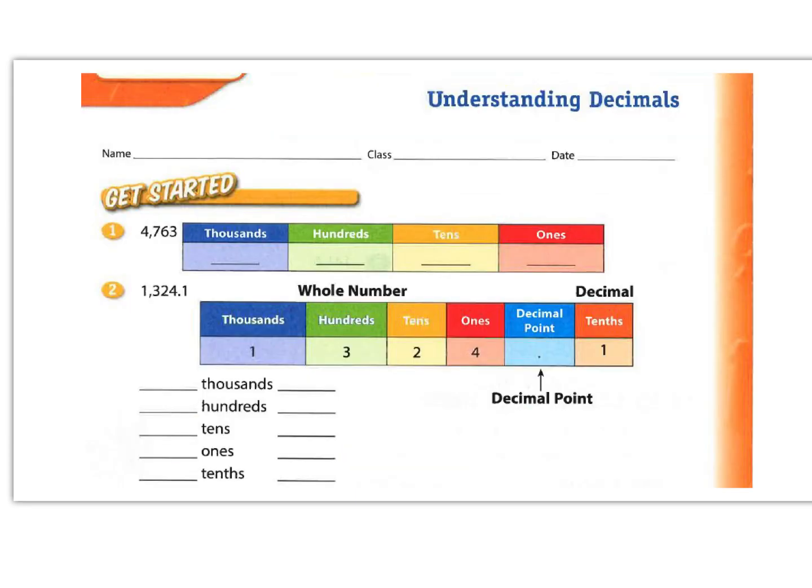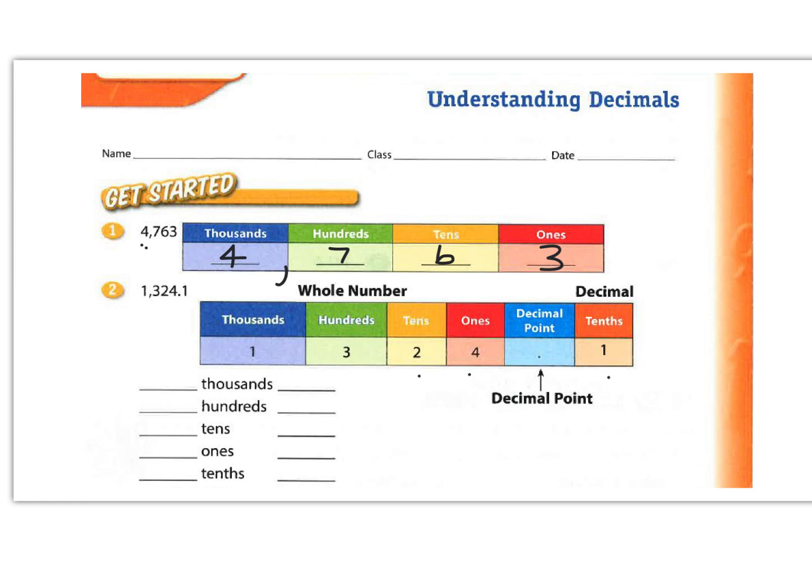So here we go with getting started. So we can see that we have 4 thousands in this number, 7 hundreds, 6 tens, and 3 ones. So we would say 4,763. Here the numbers are put in for us into the chart. We have 1,000, 300s, 2 tens, 4 ones, a decimal point, and 1/10.